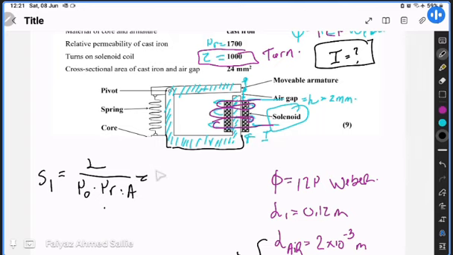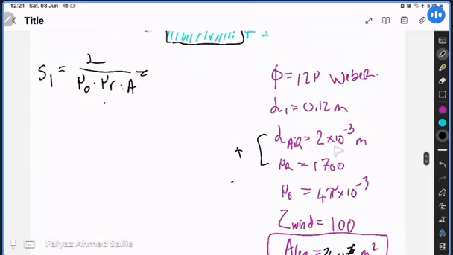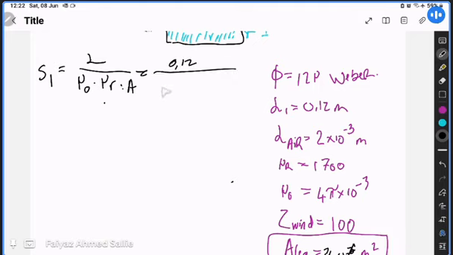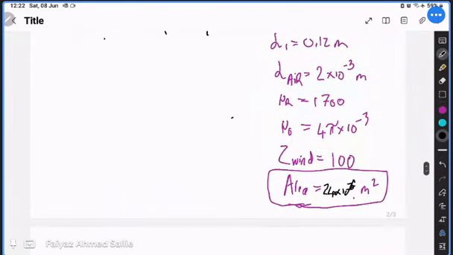So let's get the length. Sorry, normally students add this too. So let's get the length, which is 0.12, over the permeability of A. Permeability of A is 4 pi multiplied by 10 to the negative 3, multiplied by the permeability of the material that was given. How much is this?